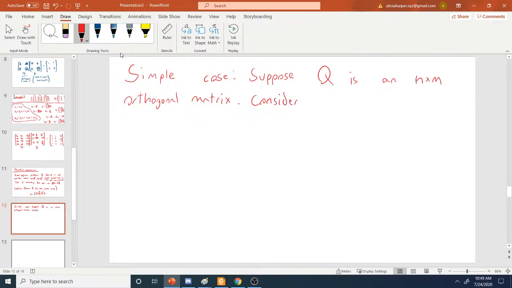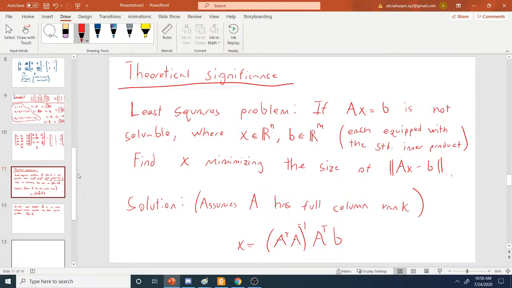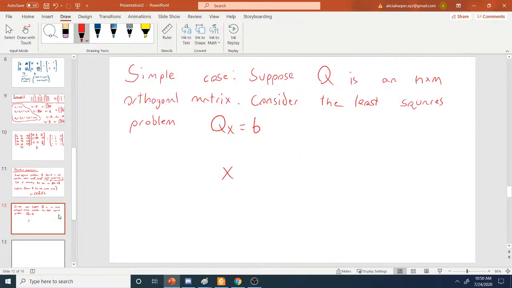Consider the least squares problem Qx is equal to b. According to this solution, we should have that x is equal to (Q transpose Q) inverse times Q transpose b.